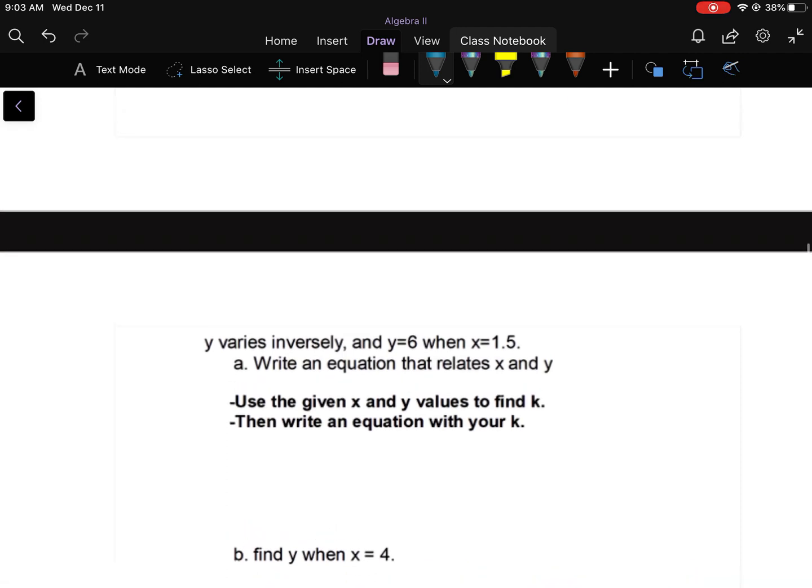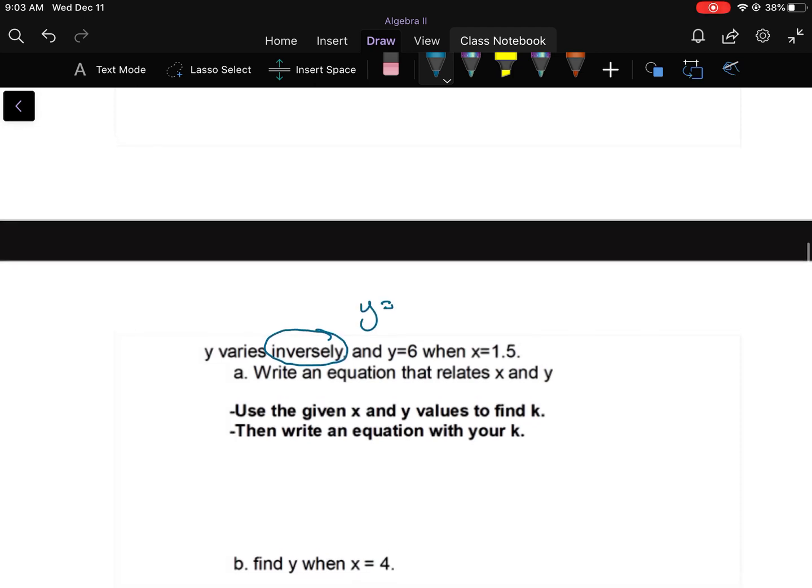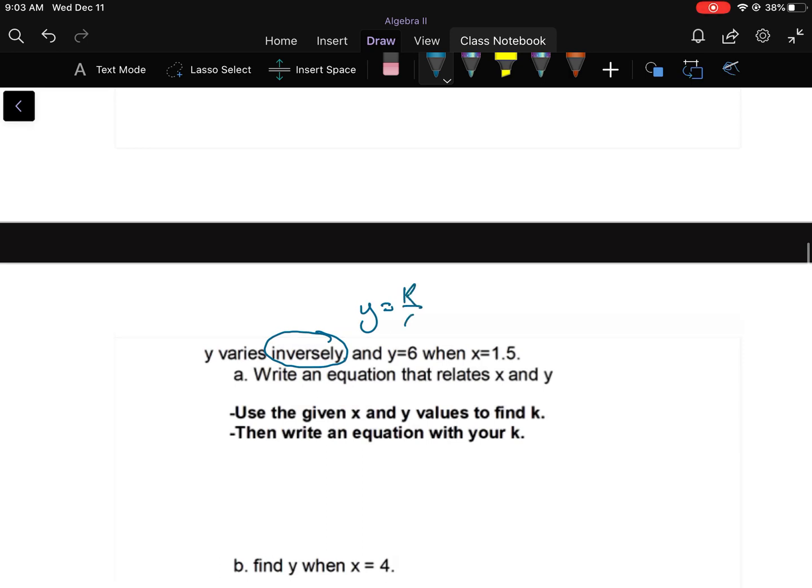When y varies inversely, so that's the word you need to know. That's telling you that this is your model, k over x. You're given these two numbers to come up with some sort of relationship between the two numbers to find out k. So I'm going to put in 6 for y, 1.5 for x, solve for k. It's kind of like I'm solving for a slope in a way.